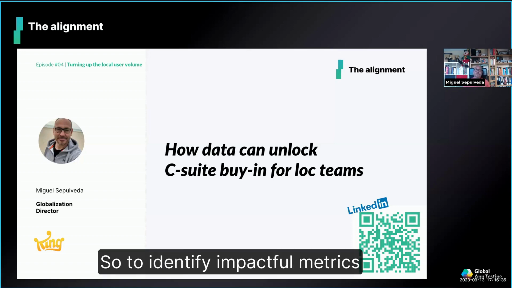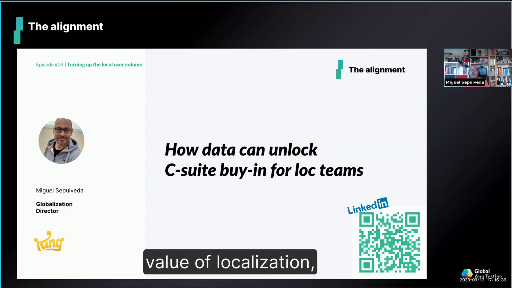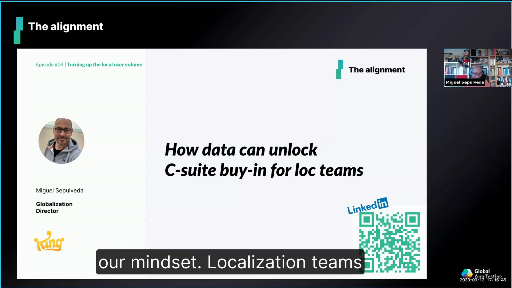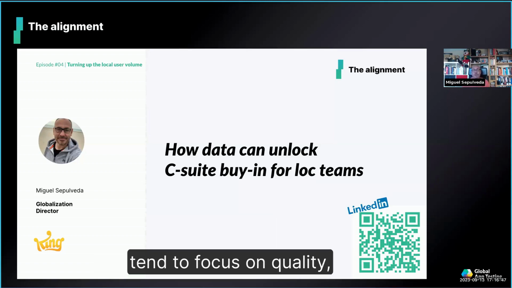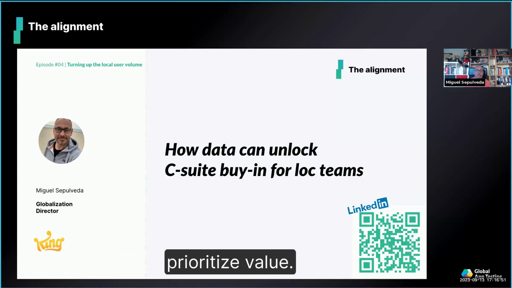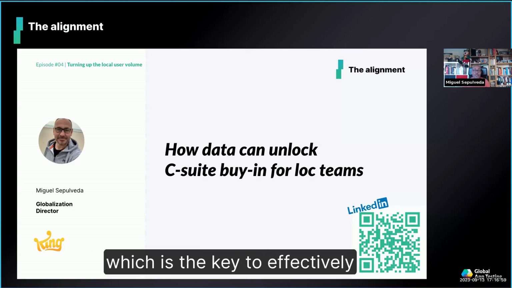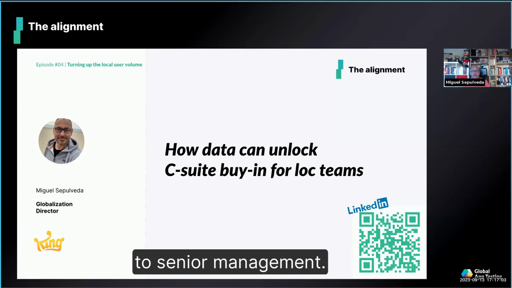So to identify impactful metrics and understand the added value of localization, we need to shift our mindset. Localization teams tend to focus on quality, while senior management prioritize value. So we need to move towards demonstrating growth, which is the key to effectively communicating our team's value to senior management.